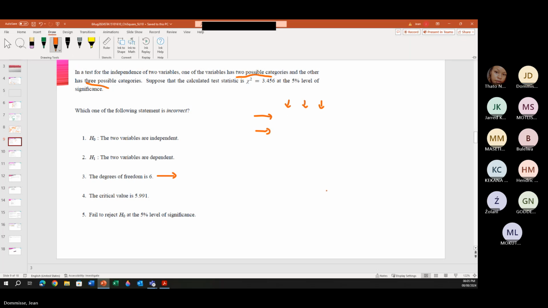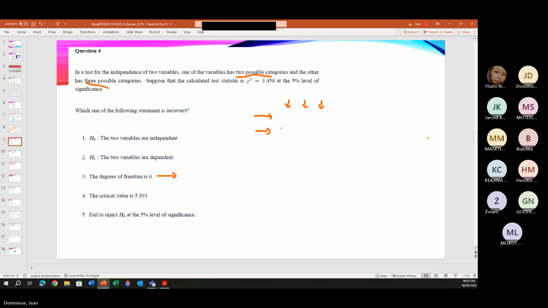Then, the first thing I would do is to work out degrees of freedom, because that is really the easiest one to work out. We know there's two rows, so 2 minus 1 and 3 minus 1.